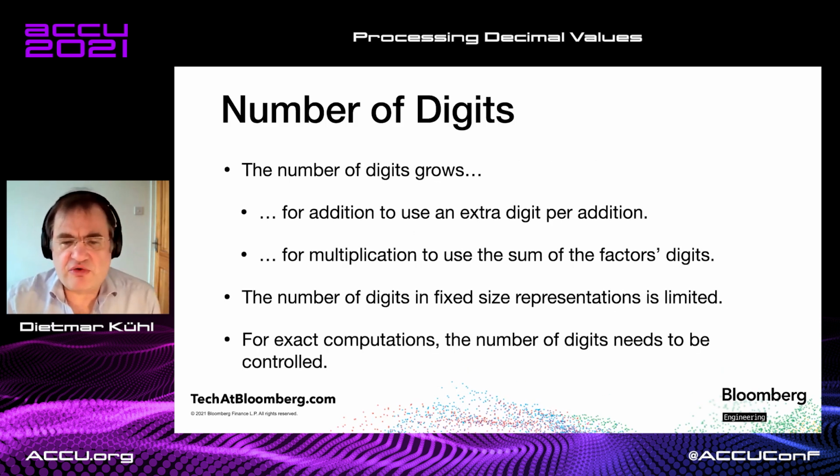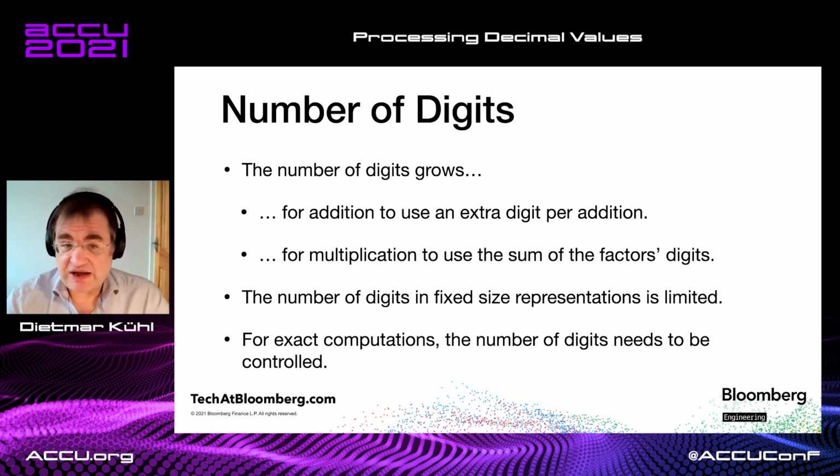Just a brief note on the number of digits. The number of digits can grow under arithmetic operations. Basically, if you add two values, you may get an extra digit. You may not get an extra digit, depending on the value, but you may overflow the number of available digits in any fixed size representation. If you have an arbitrary representation, you probably won't overrun unless you run out of memory, which with available memory nowadays is not that likely.